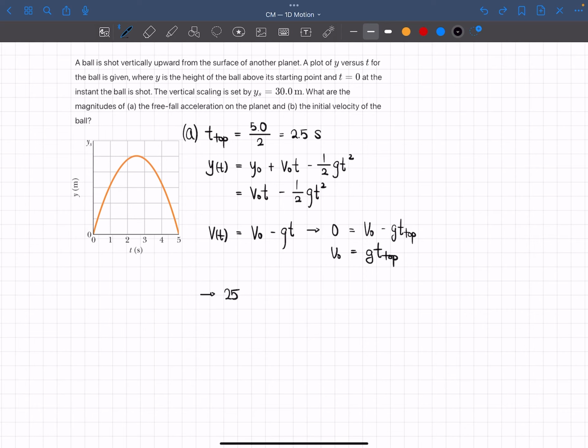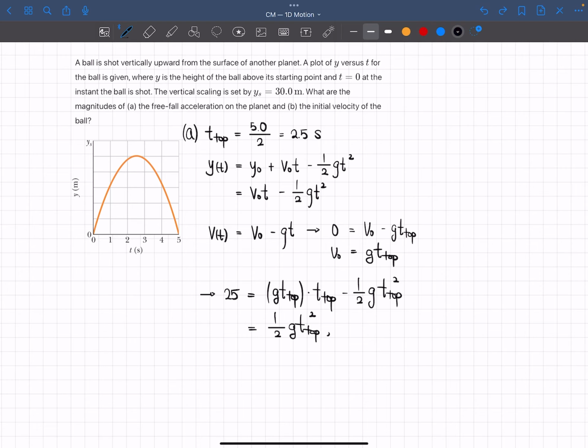So now we can substitute the numbers into the results that we have obtained so far. So 25, which is the height of the peak of the trajectory, is equal to g t top times t top minus 1 over 2 g t top squared. And since the first term simplifies to g t top squared and it is subtracted by 1 over 2 g t top squared, it simplifies to 1 over 2 g t top squared.